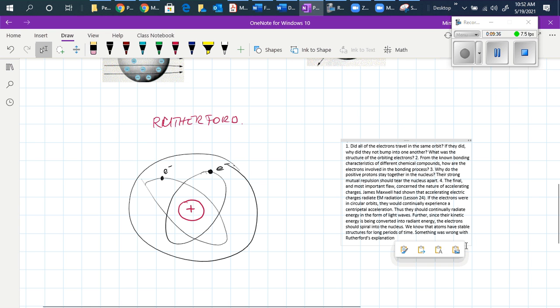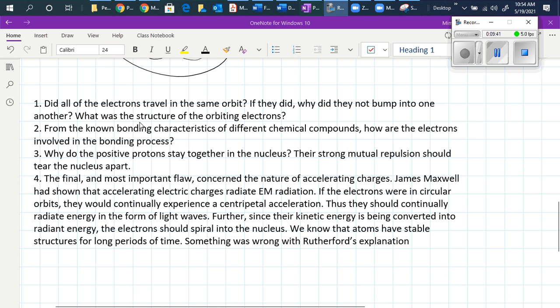So first of all, did the electrons travel in the same orbit? If they did, why did they not bump into each other? So how was this structure of the orbiting electrons designed?